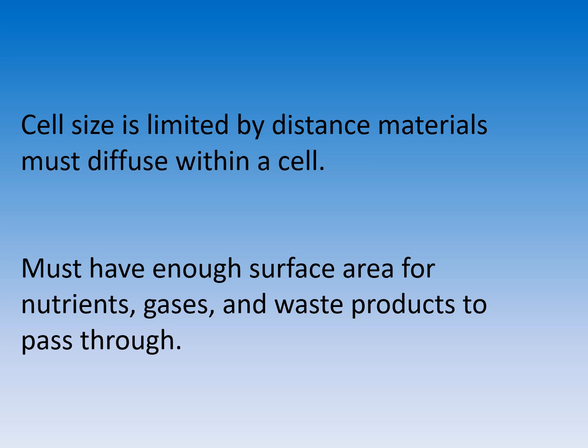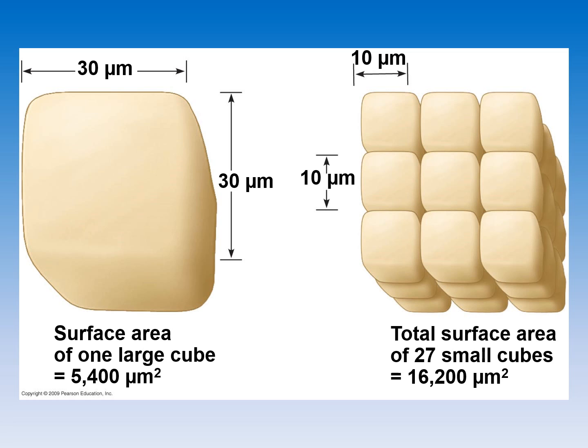The size of the cell is going to be limited, as to how big an individual cell gets, because nutrients and gases have to diffuse in, and waste products have to diffuse out of a cell. You have to have enough surface area for these substances to move in and out, but you can't have it too large.